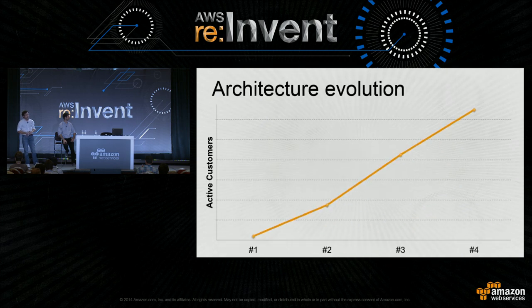About our architecture evolution, I decided to divide it into 4 different stages, 4 iterations. The first was the beginning of the company, a small startup with just a few customers and a really simple architecture.